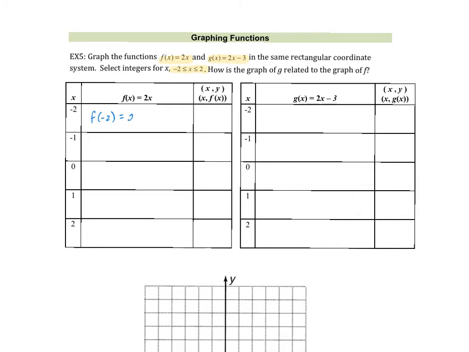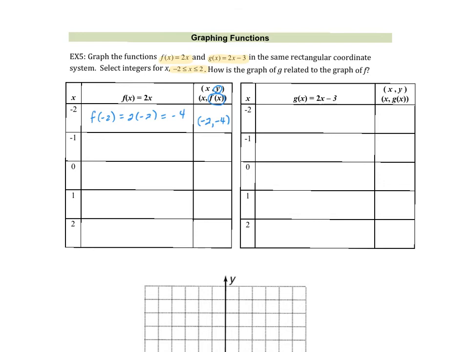That's going to be equal to 2 times -2, which is equal to -4. So this first ordered pair is going to be an x value of -2 and f of x value of -4. But remember, f of x is y, so you can always replace f of x with y.